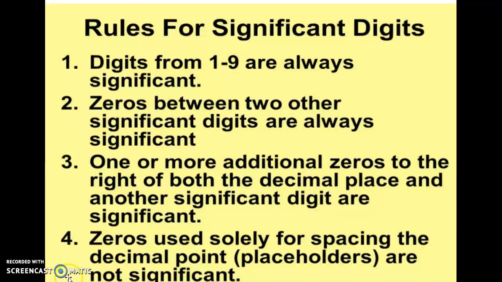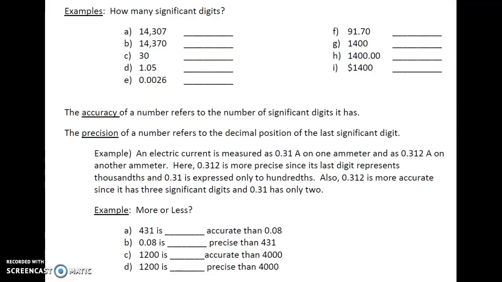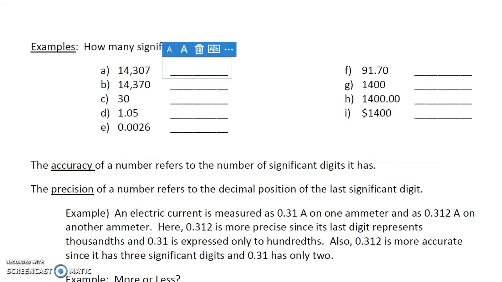So if we look at some more examples, we'll just do a couple and then we'll talk about accuracy and precision. Let's look at the number in part A, 14,307. You'll notice that the non-zero numbers are significant and the zero is significant because it's sandwiched in between other significant digits. So 14,307 has 5 significant digits.